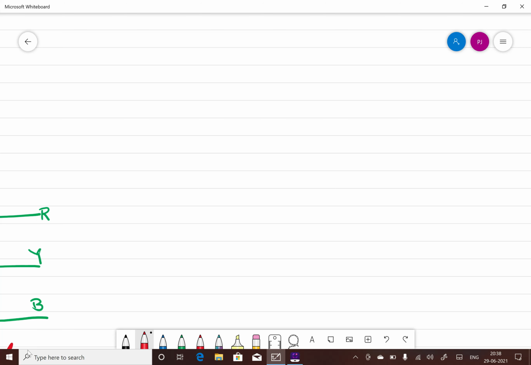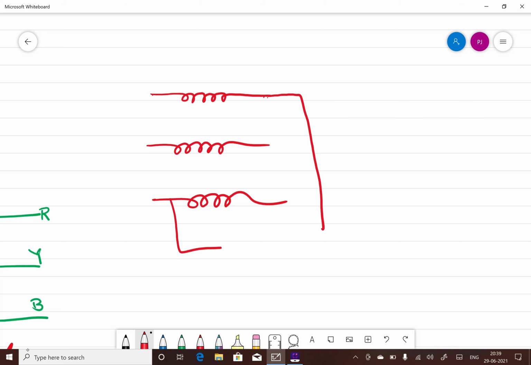Now consider a simple case in which this is your delta winding, which is the actual delta winding, something like this. Suppose this is connected to this terminal, and this is your second winding, which is connected like this, and then this is the third winding, connected like this.